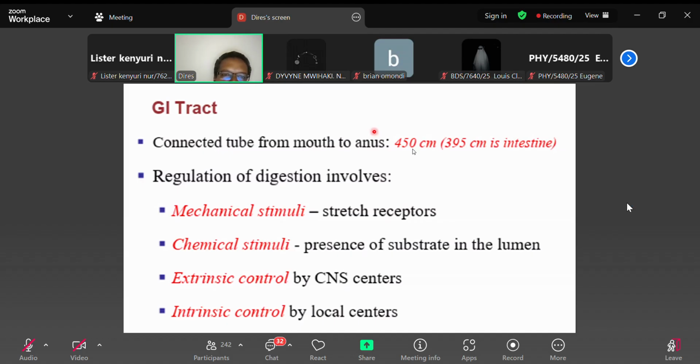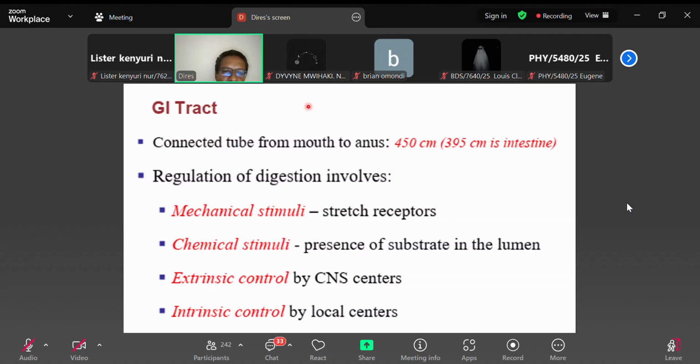Have you covered this in previous courses? These are the neurons coming from the brain and spinal cord. Some of you say yes.